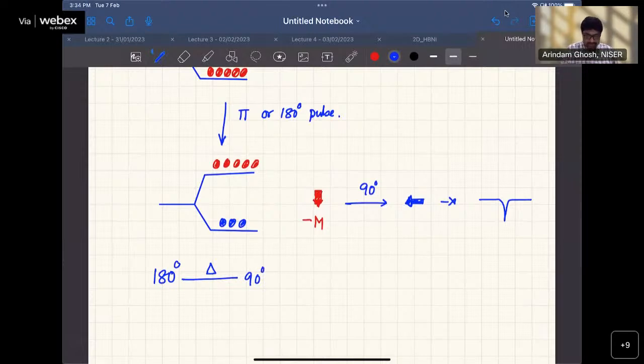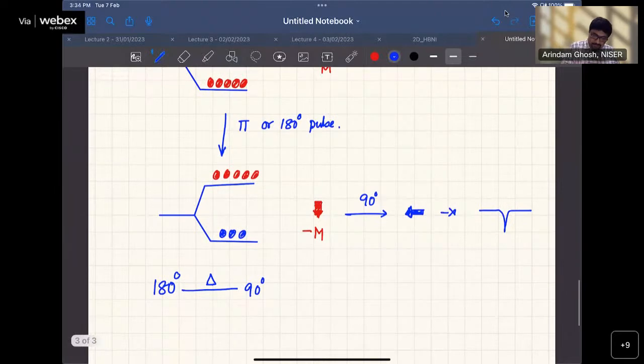So 180 degree, then delta, a kind of delay, then 90 degree. This redistribution of population will start happening immediately after I give the 180 degree, because that's a non-equilibrium situation. T1 will kick in. So at some point of time, maybe the situation is something like this. One has gone down, and then one has gone up, something like this.